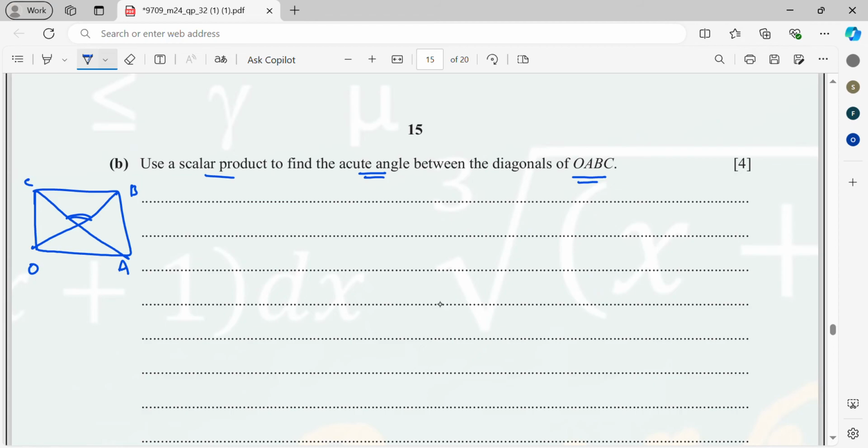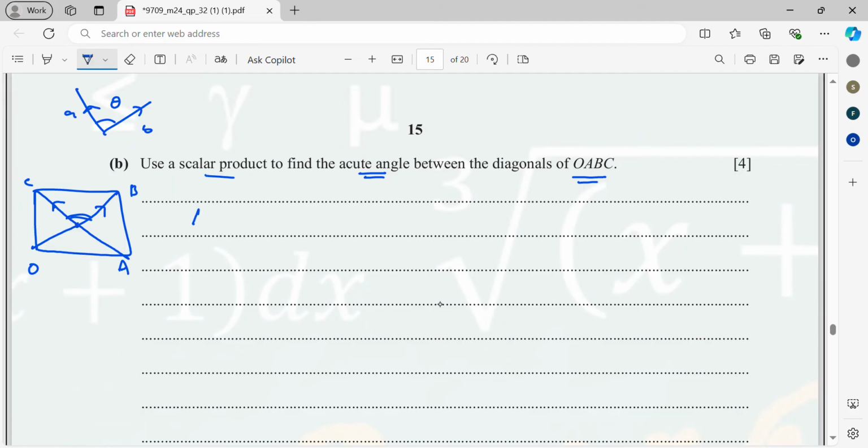Now, according to the scalar product formula, we need two vectors, so here A and B, right? That means now I will refer to AC and OB. Okay, so no need to find the midpoint.